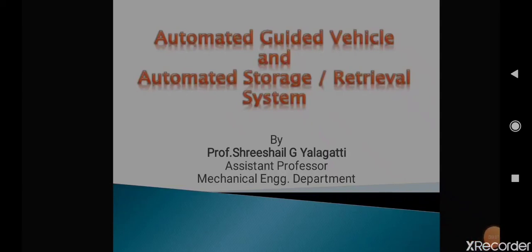Hello friends, today we'll see the remaining part of your module number 3, which is automated guided vehicles and automated storage retrieval system.